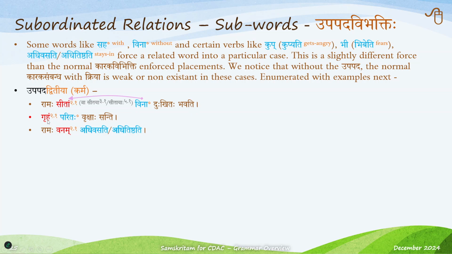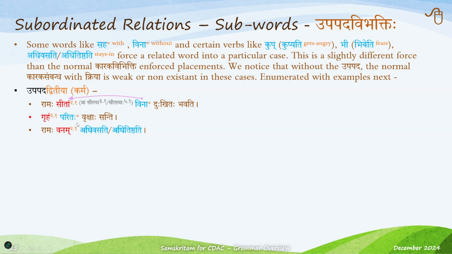Okay, another example. Griham paritaha vrikshaha santi. There are trees, but where are the trees? Paritaha, around. Around what? Griham paritah. Griham doesn't have any karaka force with santi in griham vrikshaha santi. The paritah has an avyaya linking in a kind of saptamyartha.